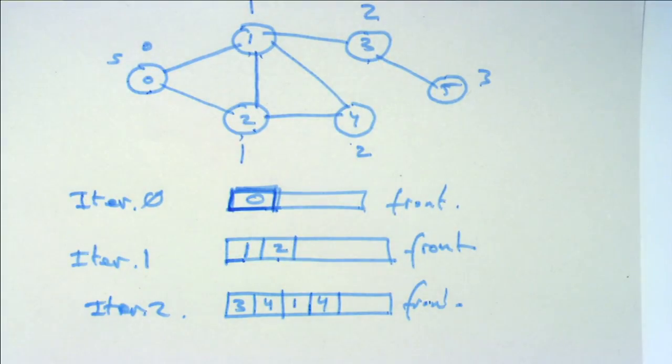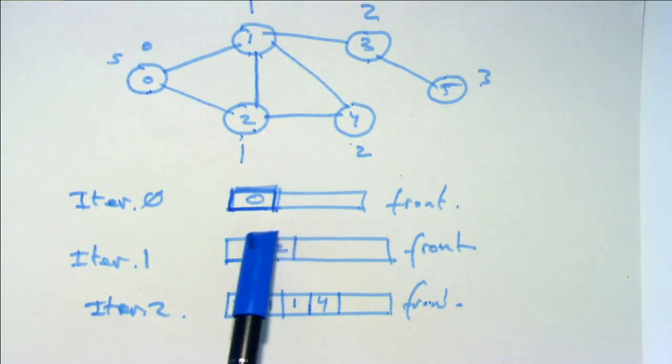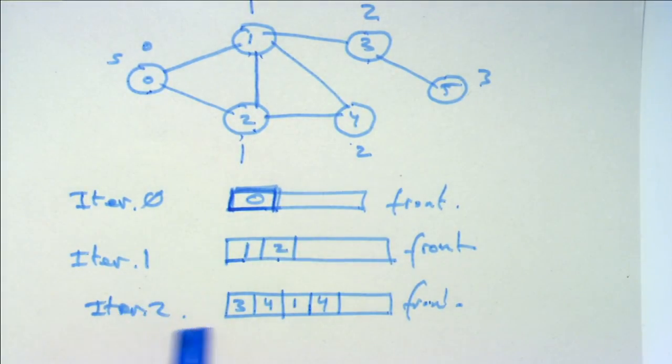What we have to do is distribute the vertices that are in the frontier among the different threads, so that each vertex in the frontier is assigned to one thread, and this thread is in charge of visiting the neighbors of its vertex and including them in the output frontier.